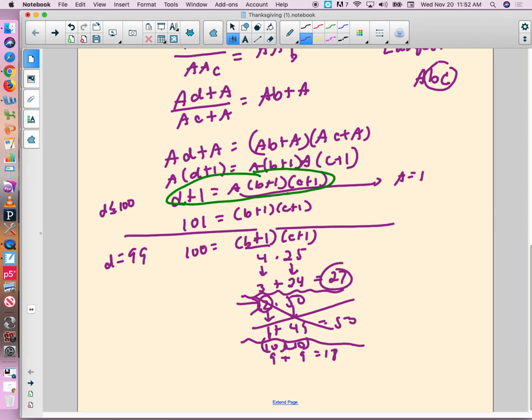Can you think of any other integer factors? Sometimes it's good to do 2 times 2 times 5 times 5, so you can look at all the different ones. 5 times 20. What am I missing here? Oh, wait, hang on. 25 times 4.